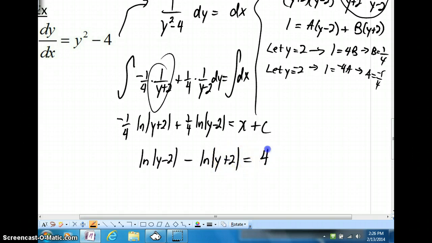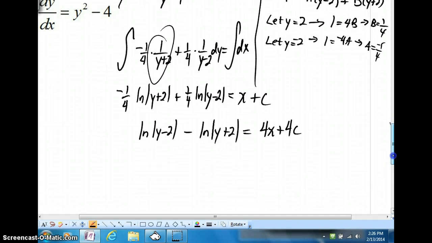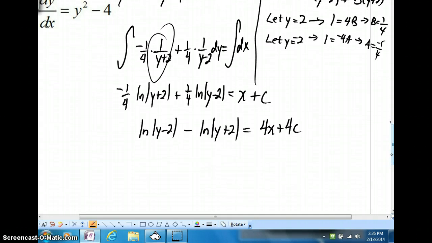Now, if I multiplied through by 4, of course, we'd even have this 4c. And, wow, isn't 4c another constant in and of itself? I mean, if you think about it that way, we could certainly get to that. But I'll get to that in just a moment, guys.